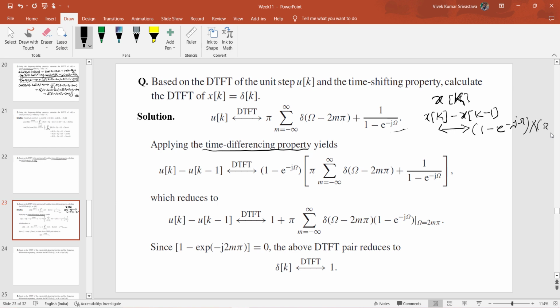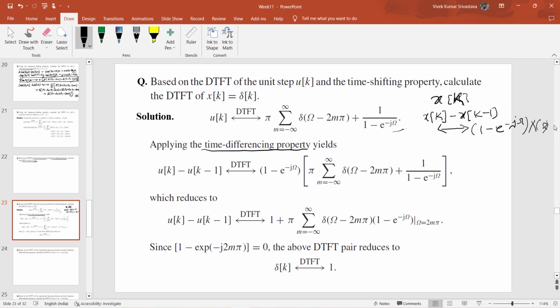Using this, we can evaluate the Fourier transform of the time differentiated signal. So for u of k minus u of k minus 1, the discrete time Fourier transform is 1 minus e raised to the power minus j rho into the Fourier transform of u of k, which is given here.